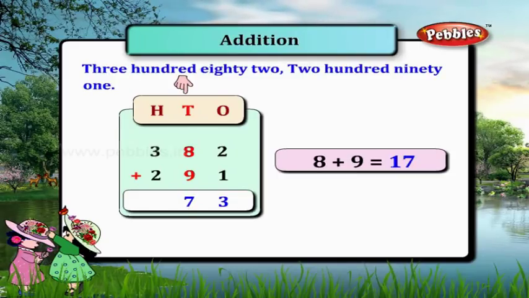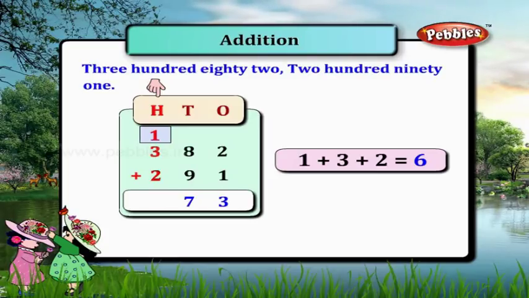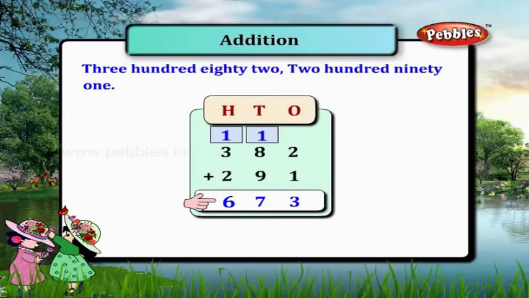Write 7 in the tens column and carry over 1 to the hundreds column. Add the hundreds. 1 plus 3 plus 2 equal to 6. The total is 673.